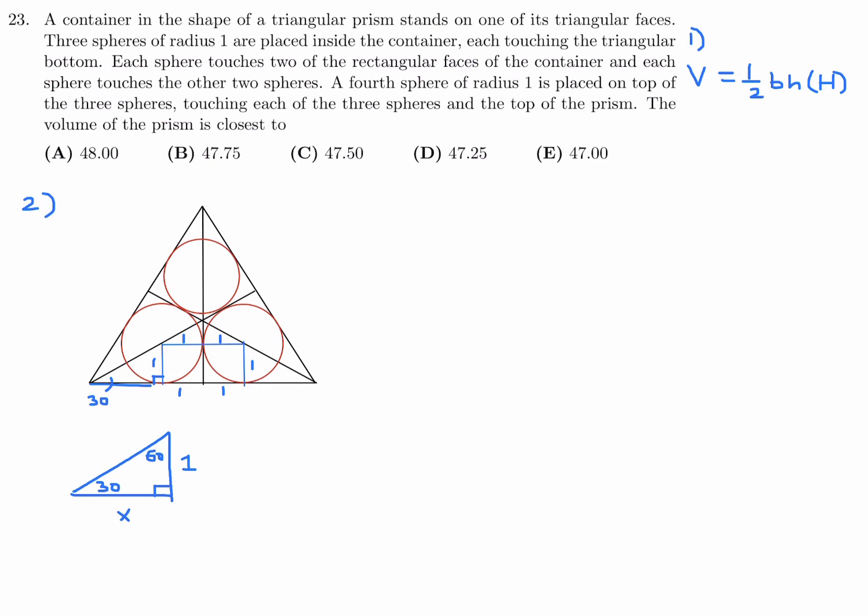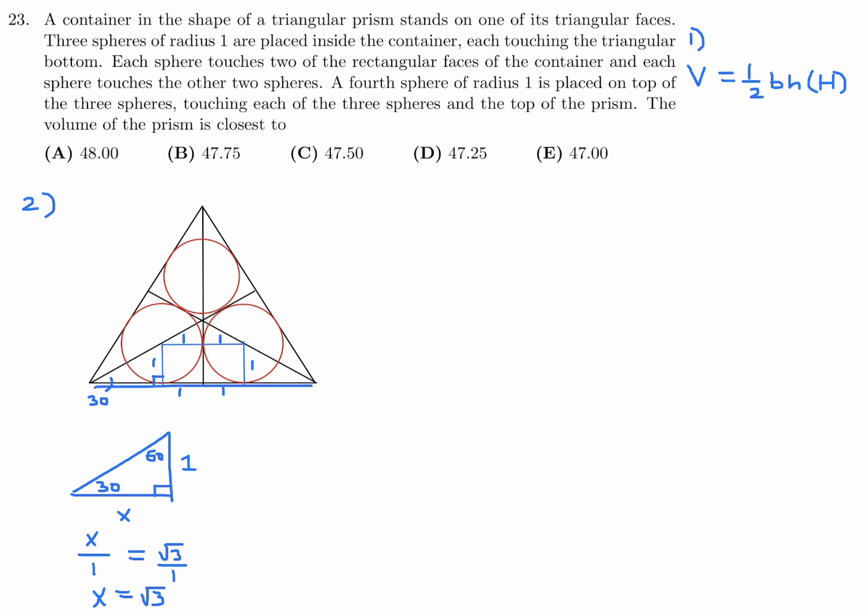Because that's going to help me figure out the length of that side. Well, according to 30, 60, 90 triangles, the ratio of the sides, x over 1, will be the same as root 3 over 1. So x is just root 3. So this distance from there to there is root 3. And then because of the symmetry of the diagram, that will also be root 3 over there.